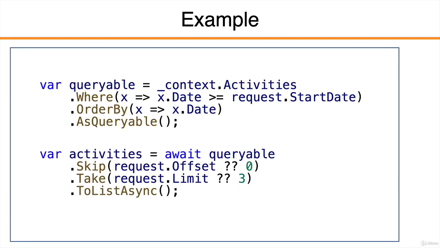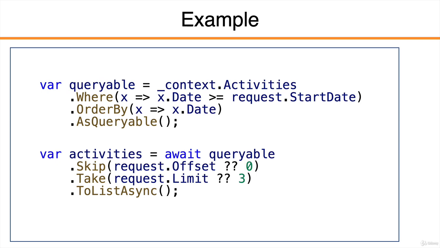As an example, we create a queryable variable, and then we go and get our activities where, for example, the date is greater than a start date. Then we can order them by the date, and store this as a queryable.